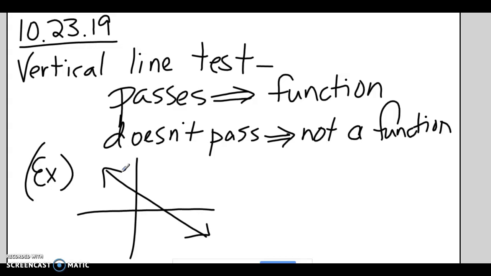Okay, so that's the graph of a line, right? And that's a set of numbers infinitely. There's a whole bunch of points that make up that line.